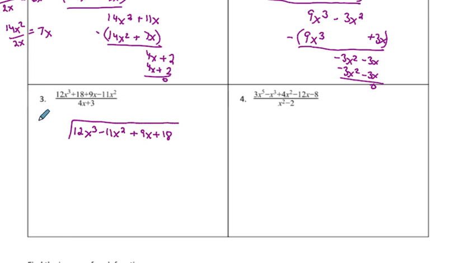All right, and dividing it by 4x plus 3. Okay, 12x cubed divided by 4x equals 3x squared. So that's going to give us, of course, 12x cubed. And then we've got plus 9x squared.